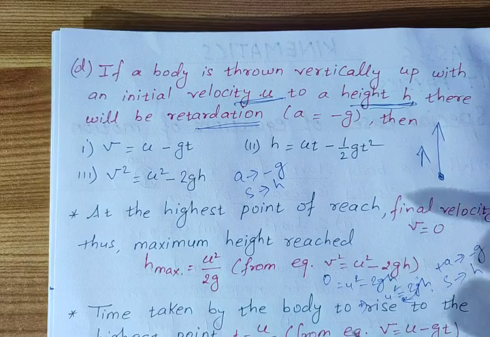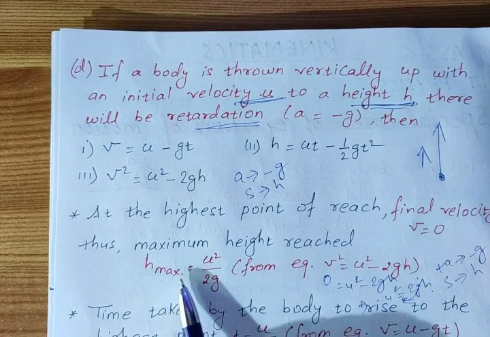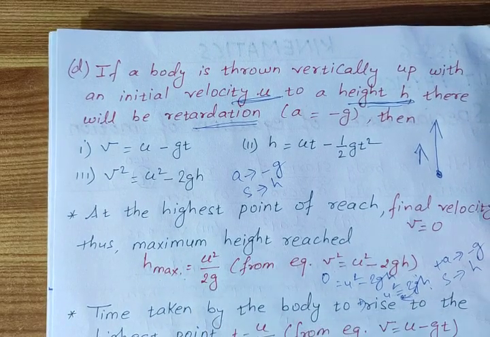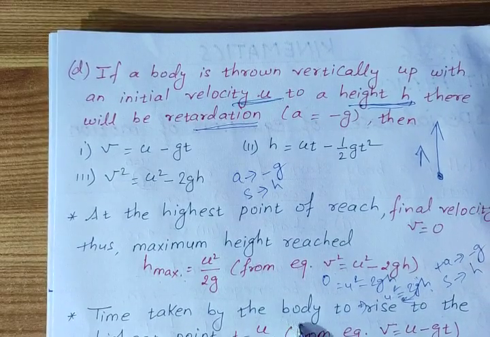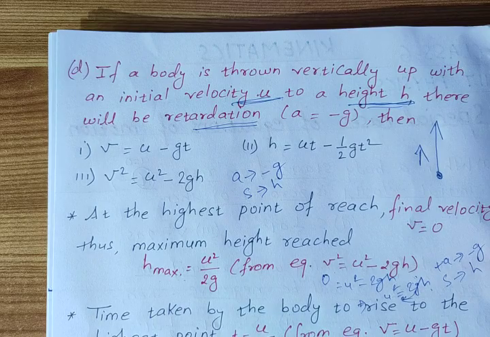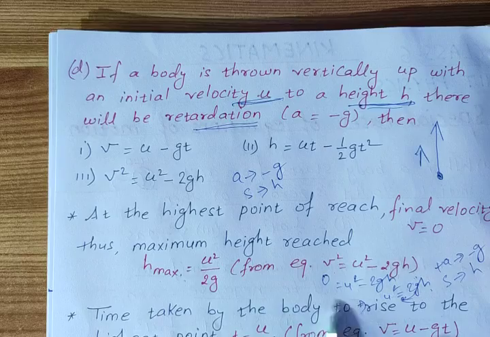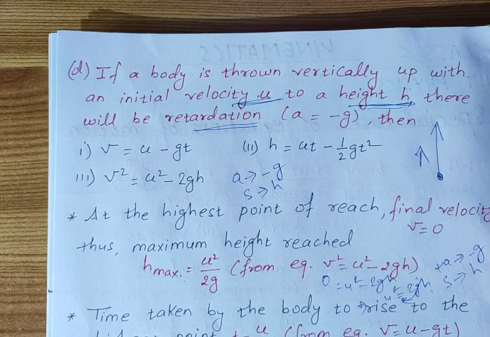Next is the time taken by the body to reach the highest point. How much time is taken by the body to reach the maximum height? t is equal to u by g. u is the initial velocity, so t is u by g.